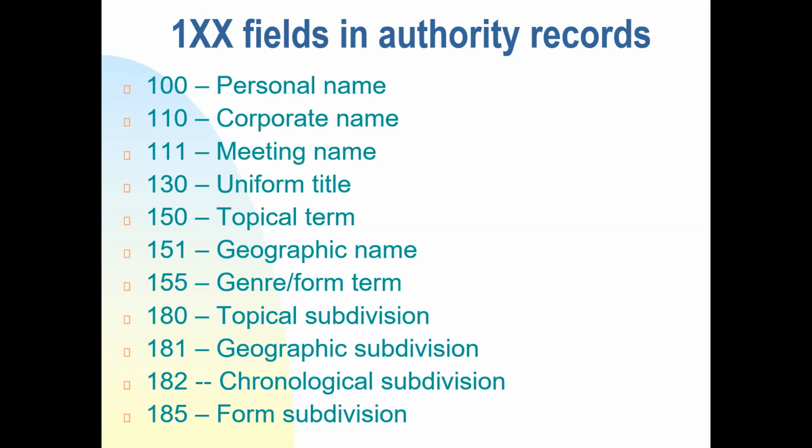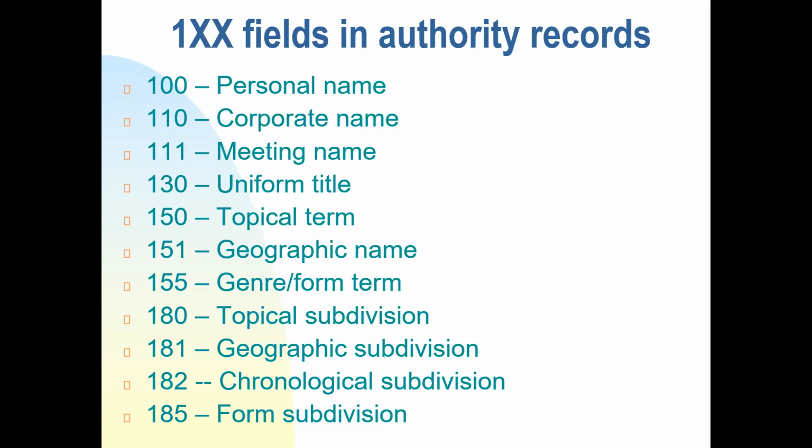The 155 is a genre or form term. And so this is not what the item is about, but what it actually is. So something like historical fiction or audiobooks is a form term.